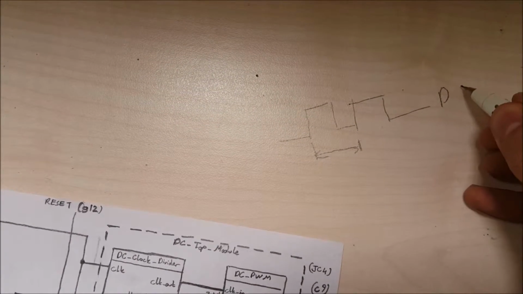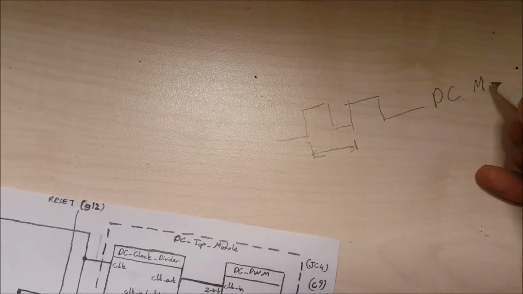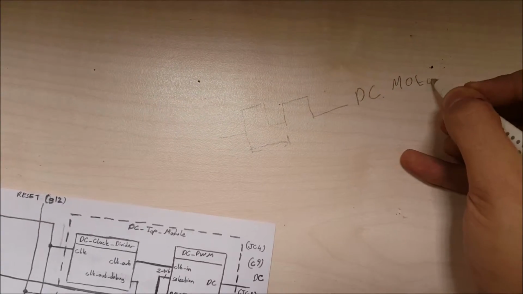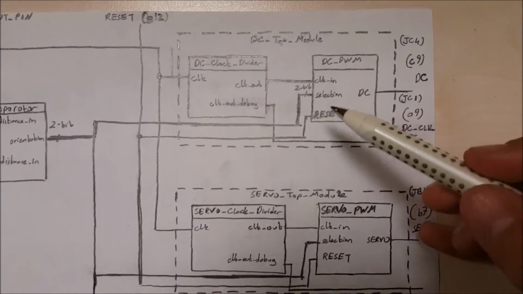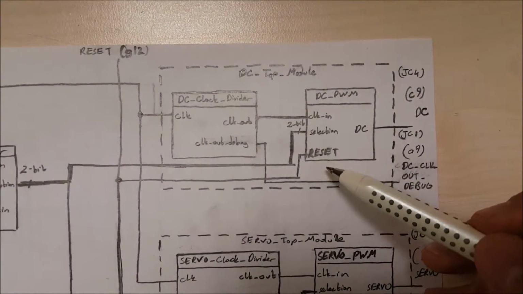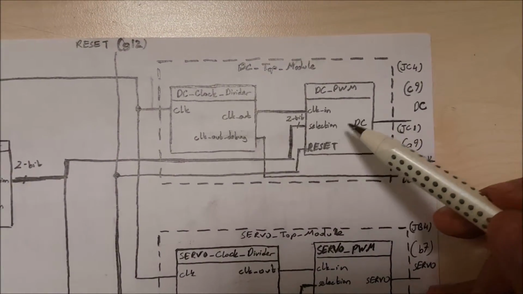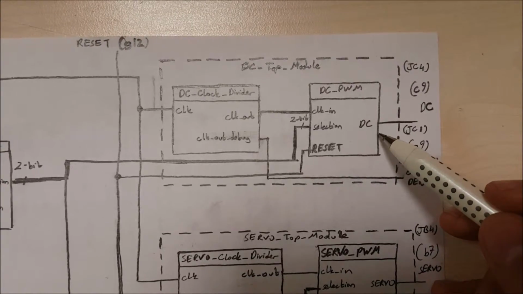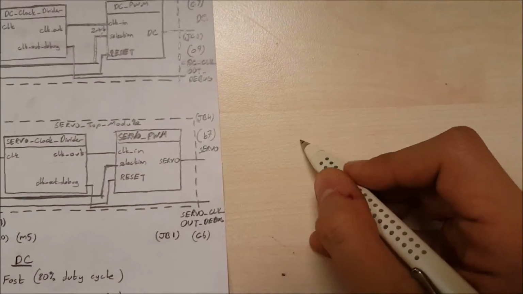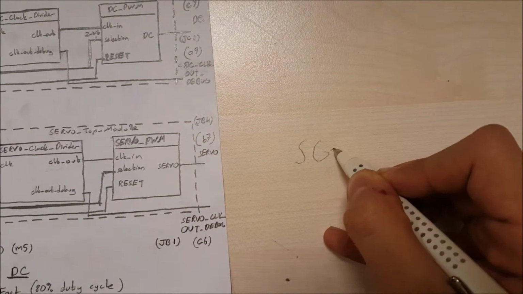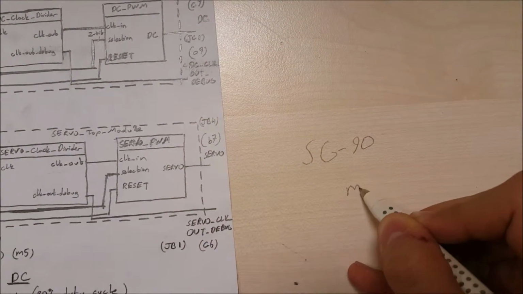This is for the DC motor. So in this module we are going to change the duty cycle of the PWM signal of the DC motor. However, our servo is, let me write it there, an SG90 mini servo.